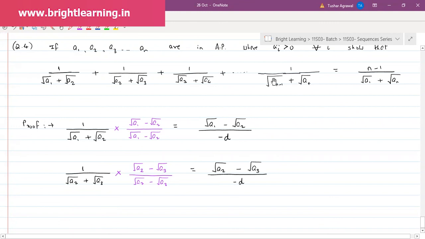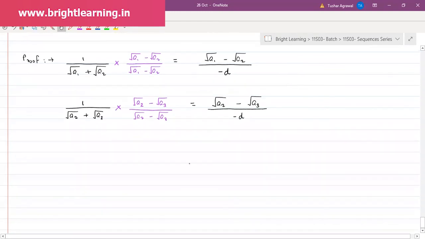This will go on repeating everywhere. Lastly it will be under root a(n minus 1) minus under root an upon negative d.